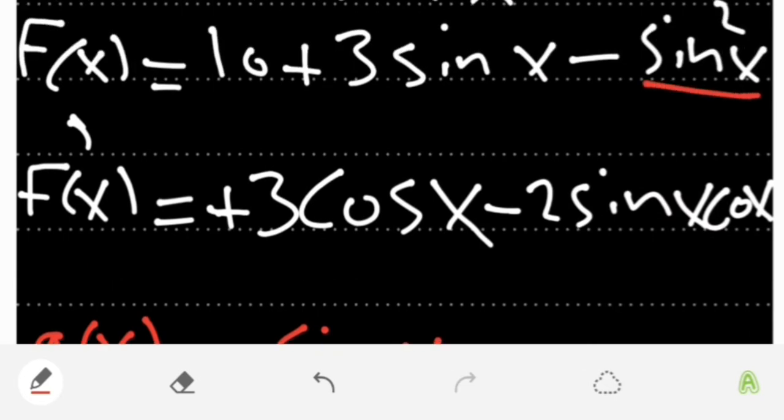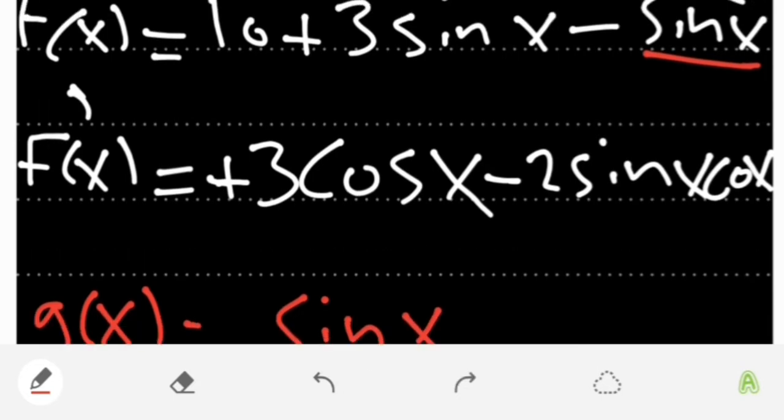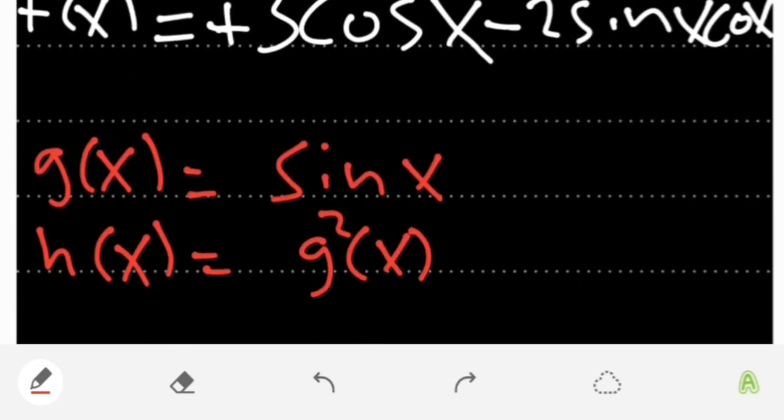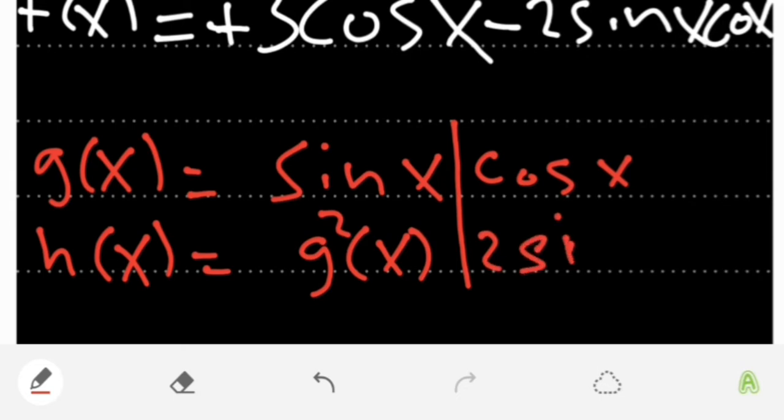Sine of x is g of x, so h of x is sine of x squared, okay? I'm just trying to remind you the chain rule. So the derivative of sine of x is cosine of x. The derivative of h of x is going to be 2 g of x, so 2 sine of x, and then you multiply them both, right? 2 sine of x multiplied by cosine of x. So if you don't remember, this is the chain rule, okay? So now we have the derivative.